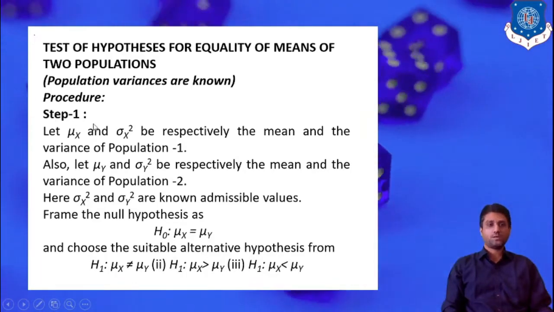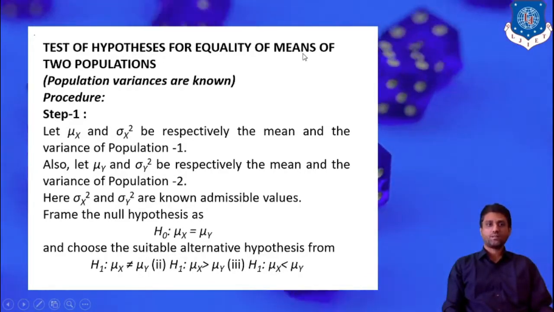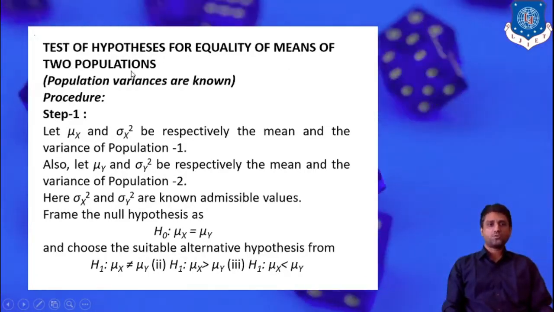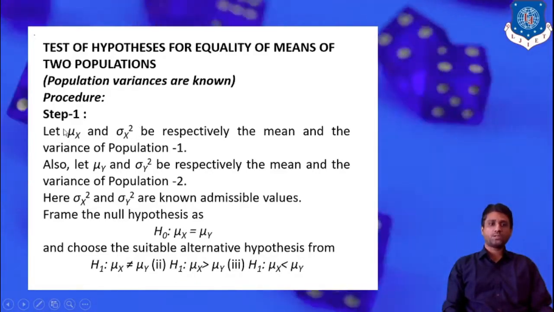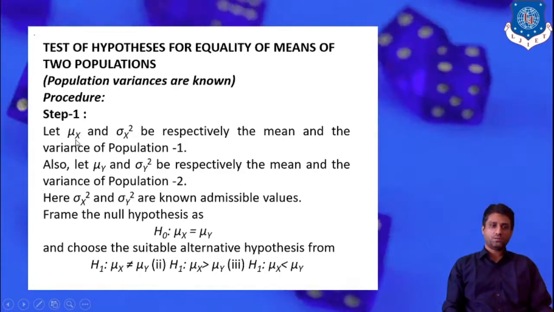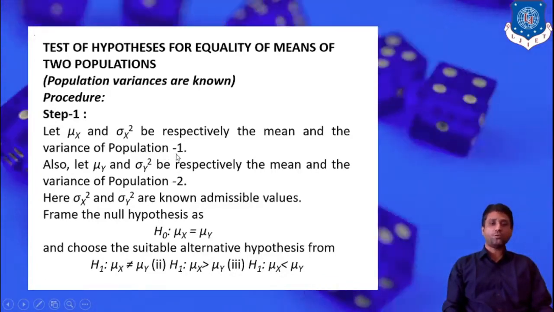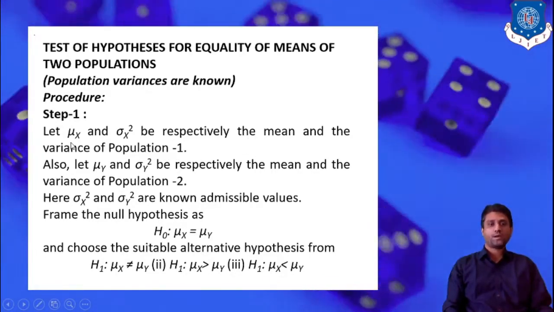Step number 1. We have to test the hypothesis for equality of means of two populations. Definitely there are two populations, so there are two means. Say mu x corresponds to the first data. We consider the first population, and the mean corresponding to it is mu x.